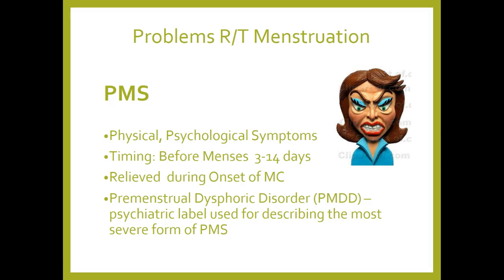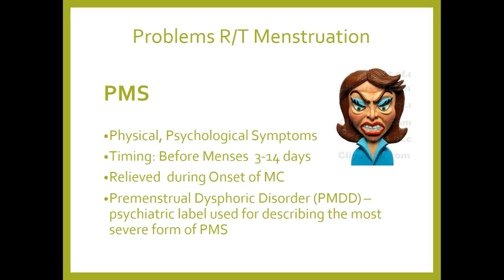One of the most known menstrual dysfunctions is PMS. It is a physical and a psychological symptomatic problem that happens with menstruation. Usually it occurs sometimes before the period happens, somewhere from 3 to 14 days prior to the start of menses. Usually those symptoms are relieved during the onset of the menstrual cycle.